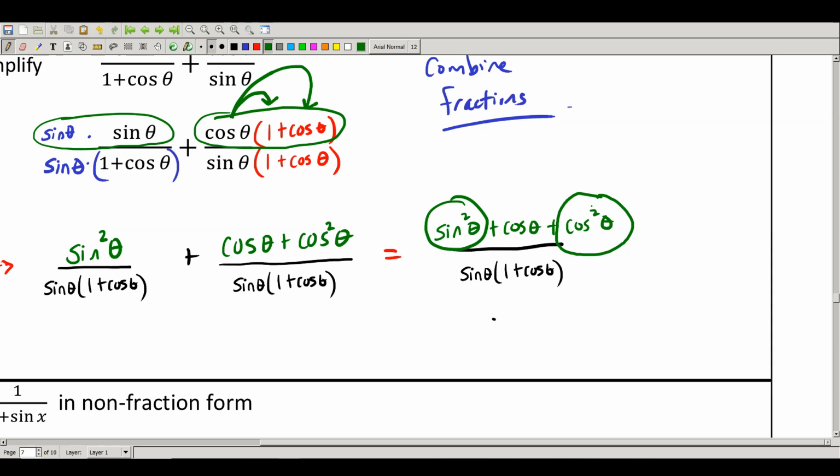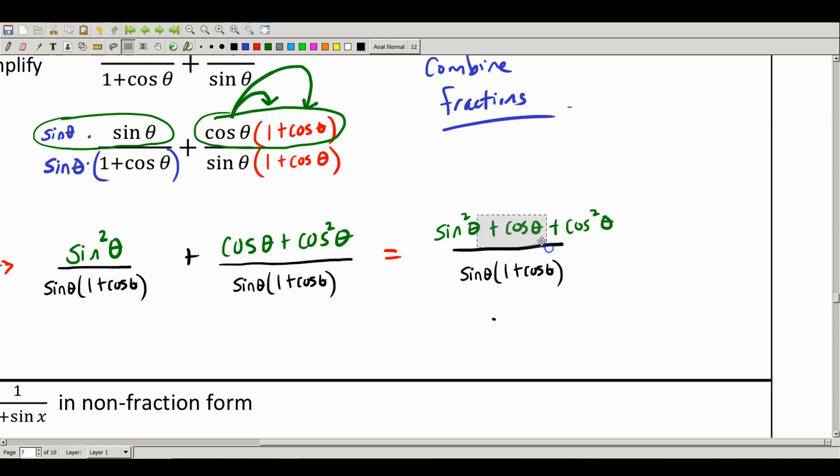Yet another Pythagorean identity is going to pop up there. You know that sine squared plus cosine squared is equal to 1. So it doesn't matter that there's a cosine in the middle here, because when I add things, adding is commutative. I can take the cosine theta and just drop it over in a different spot.